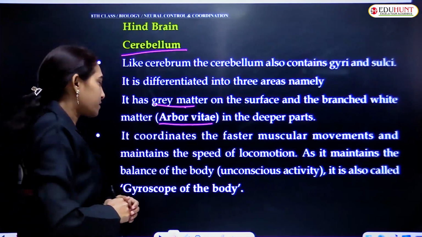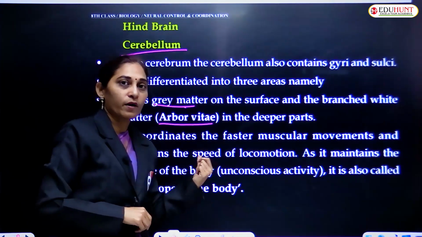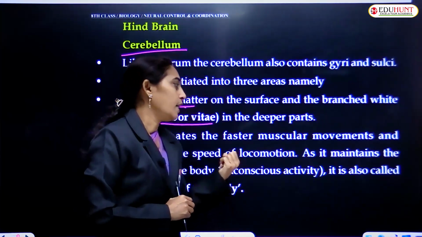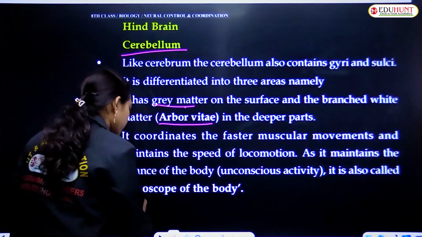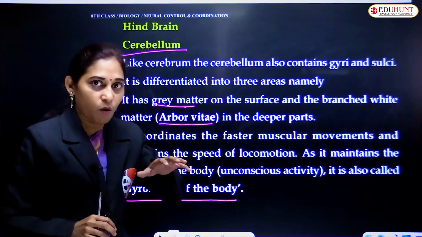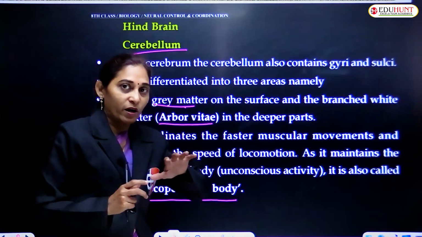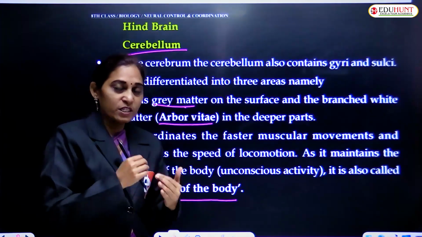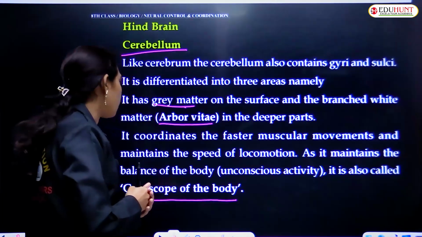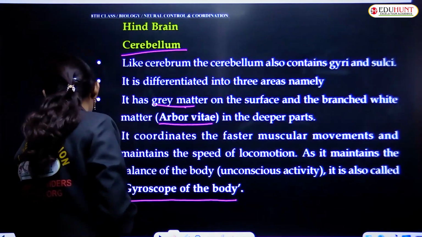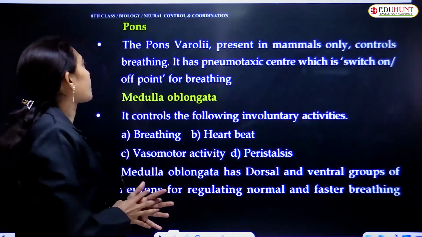It maintains the balance of the body, as an unconscious activity, and is also called the gyroscope of the body because it balances the body and the speed of locomotion. These functions are under the control of the cerebellum, that is, the hindbrain.